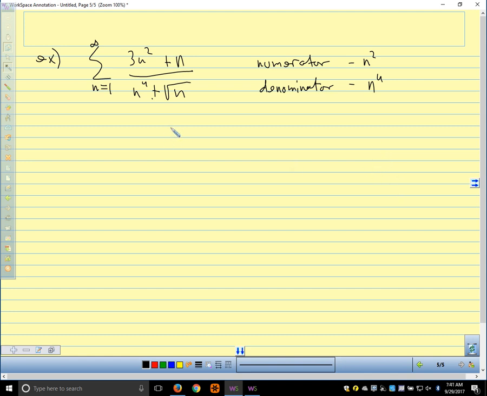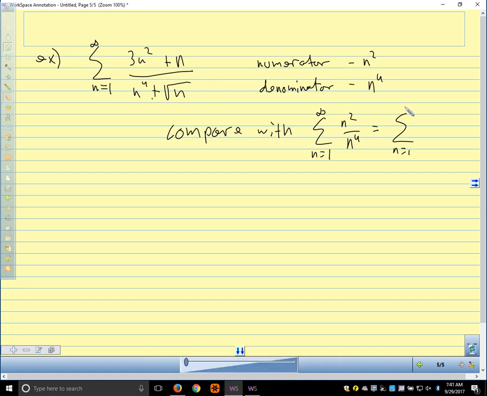So I want to compare with the sum from n equals 1 to infinity of n squared over n to the fourth, which is the sum of 1 over n squared, which is a convergent p-series. So I would guess that this converges because it's similar in magnitude to a convergent p-series.